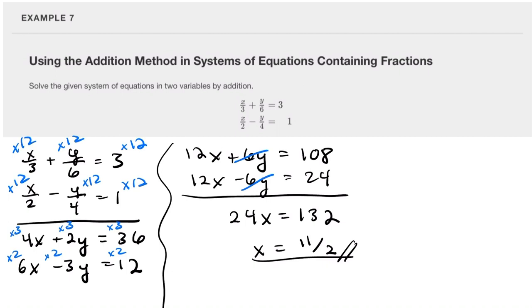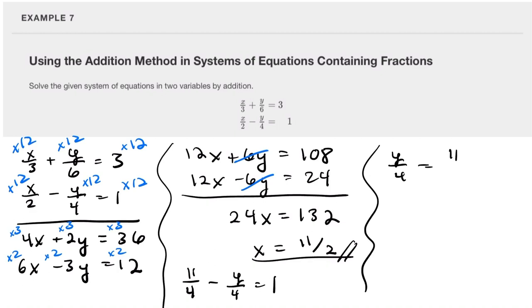Okay, I guess they're both about the same level of difficulty, so I'm going to plug it into the second equation. If we replace x with 11 over 2, then we get 11 over 4 minus y over 4 equals 1. So then y over 4 equals 11 over 4 minus 1.